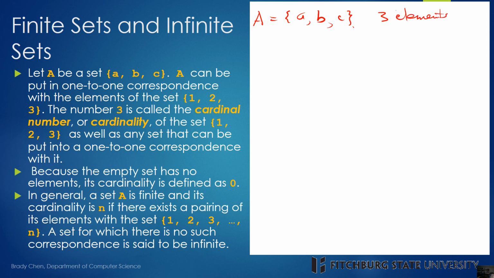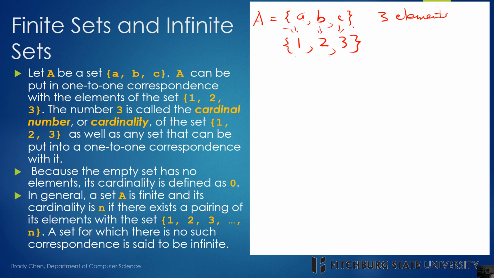Then I can always find a 1-to-1 correspondence with another set which contains 1, 2, 3. Right? That's pretty easy. I can map a to 1, b to 2, and c to 3, and then I find a 1-to-1 correspondence. Okay. So if a set A is a finite set, then we can always map to the set which contains the natural numbers 1, 2, 3.